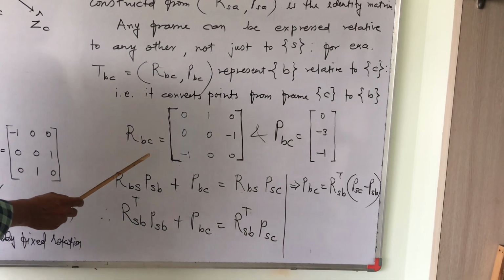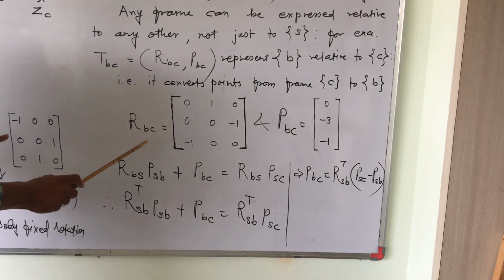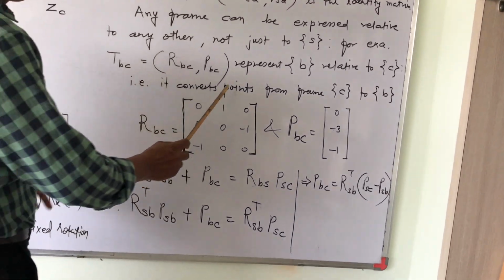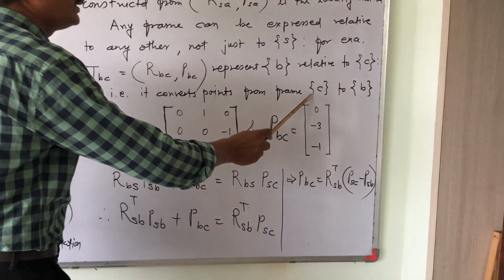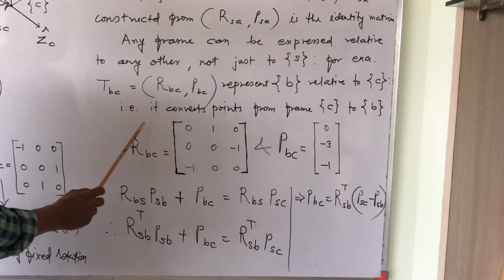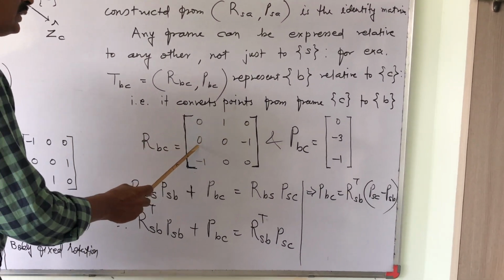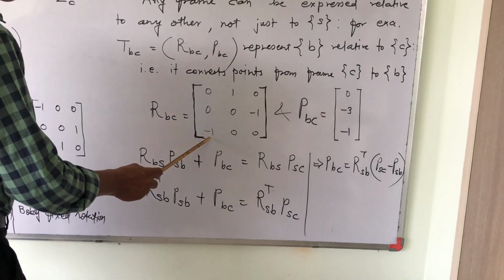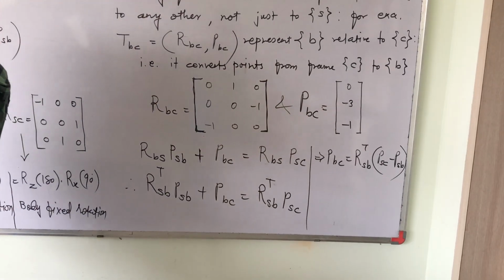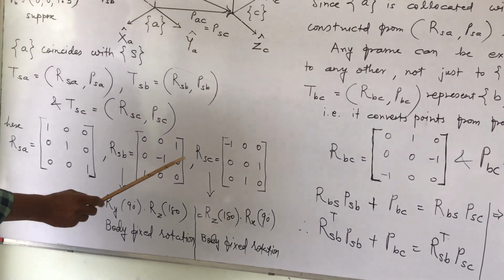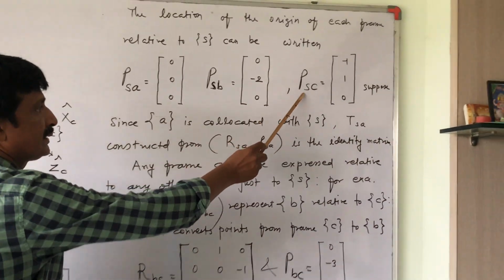RBC is the rotation matrix of frame C in B. That is, if you want to convert a point from C to B, we will use this rotation matrix. They have given 0, 1, 0, 0, 0, minus 1, minus 1, 0, 0. But we have these RSB, RSC, etc., PSA, PSB and PSC.